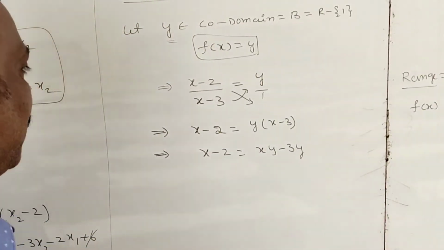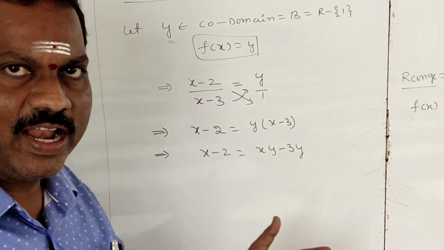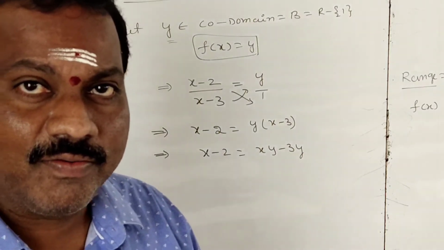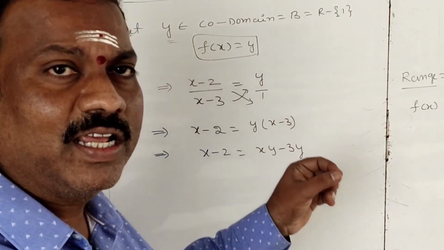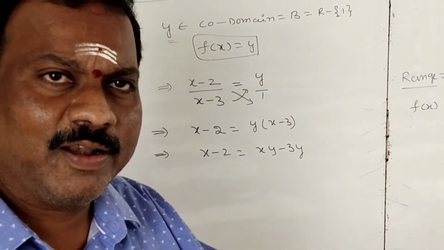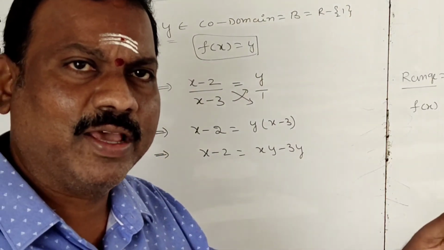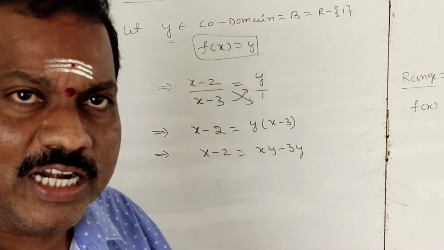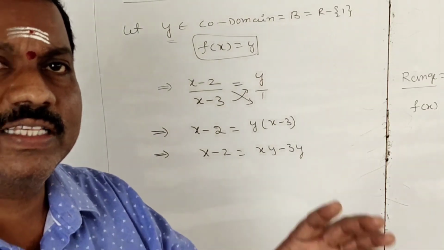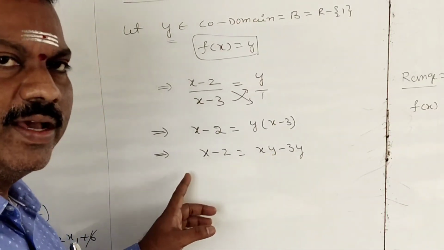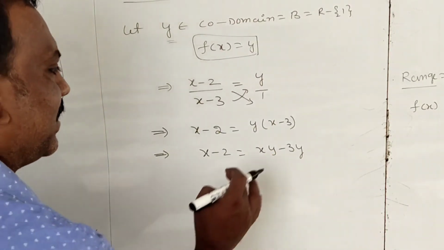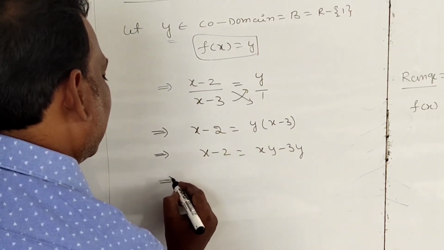Remember, students, you have to get the x value. Why? Because the y value is in the codomain. According to the definition, for every element of set B there exists a pre-image. Pre-image means x value. So you always have to make x the subject. That means you get the x terms on one side.